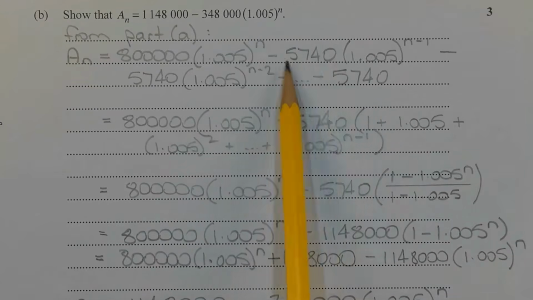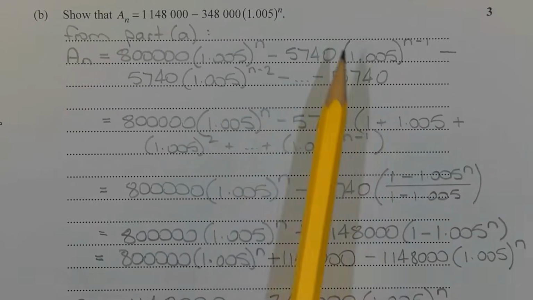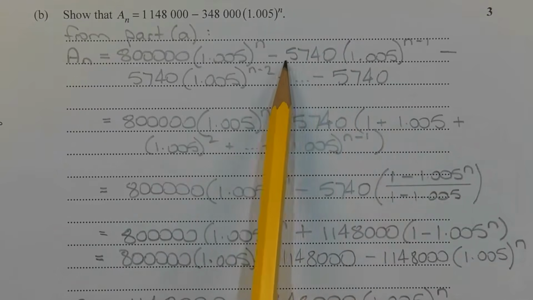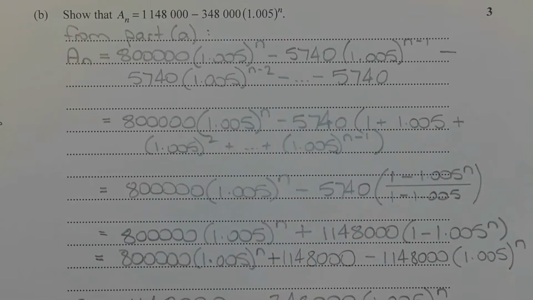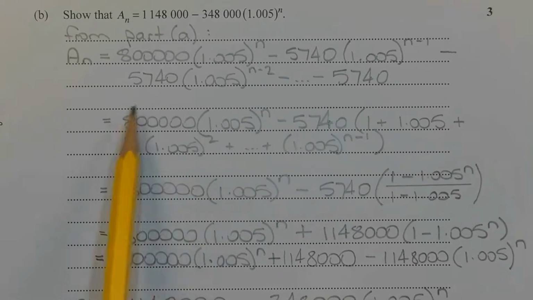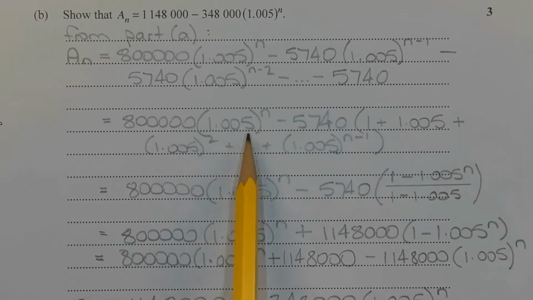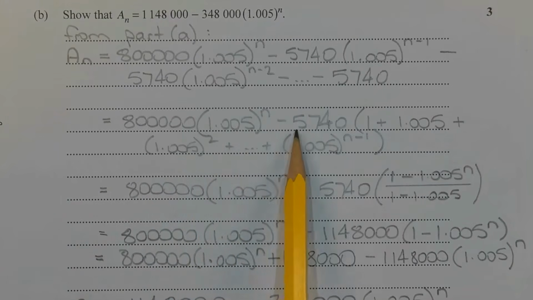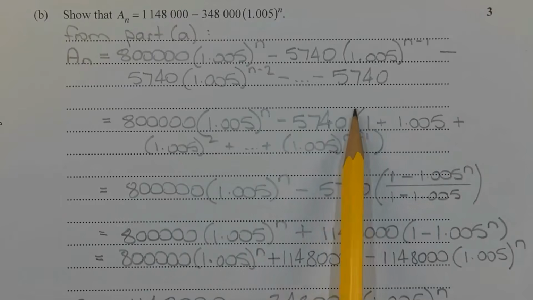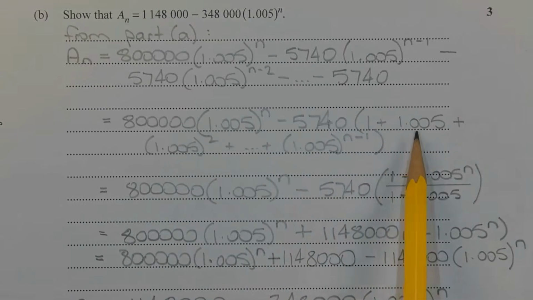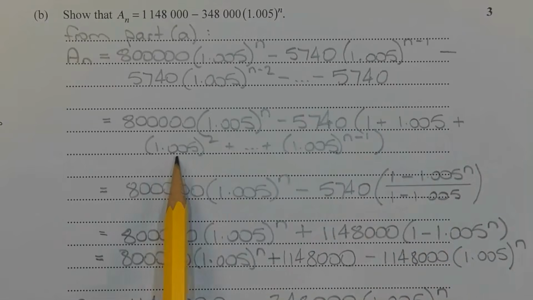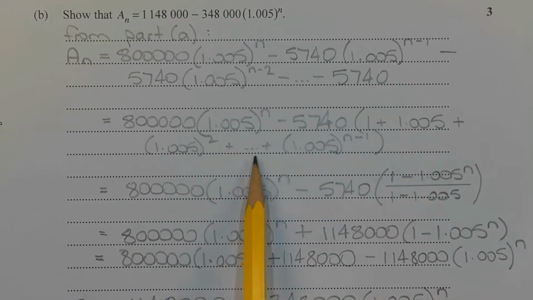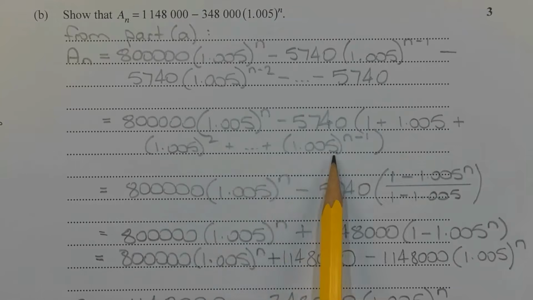Notice the second term in the expression all the way to the last term. We can factorize out 5,740. Actually, more precisely, we can factorize out negative 5,740. And we get AN is equal to 800,000 times 1.005 to the power of n minus 5,740, open bracket, 1 plus 1.005 plus 1.005 squared plus and so on up to 1.005 to the power of n minus 1, close brackets.